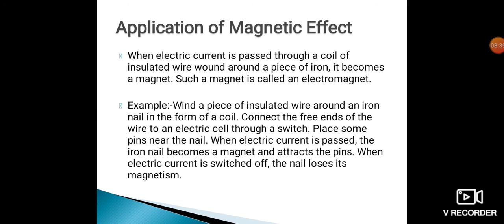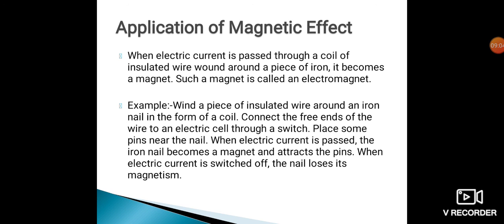The experiment which I told you to perform at your home is given in the second point. Take one iron piece, wind a wire around that iron piece, and place the pins around it. Now the wound wire has two terminals. Connect those two terminals to the battery. Turn on the switch.